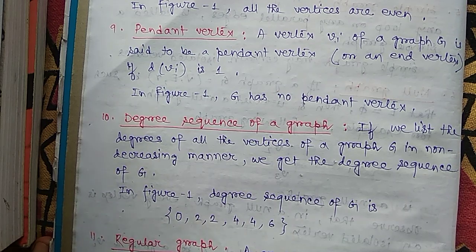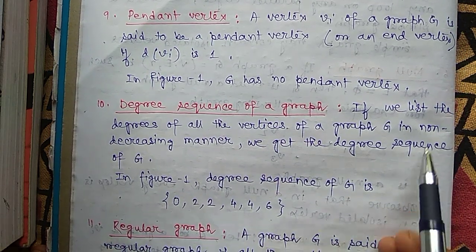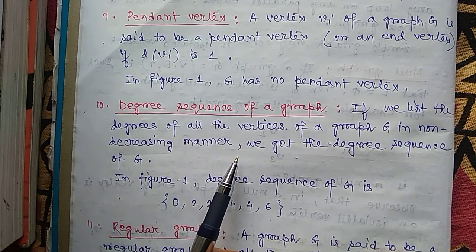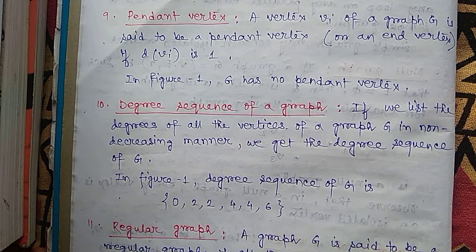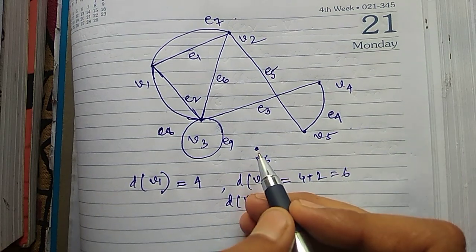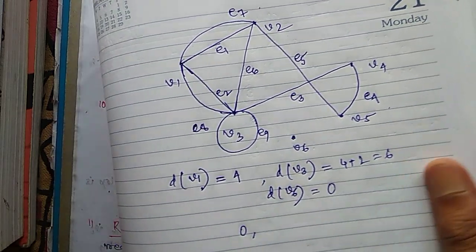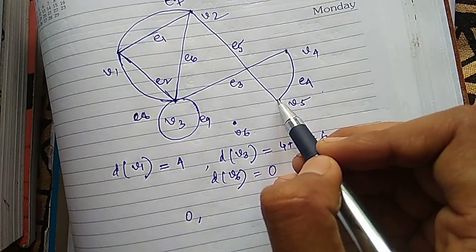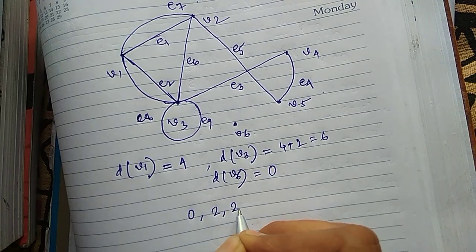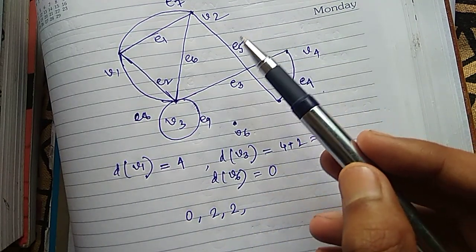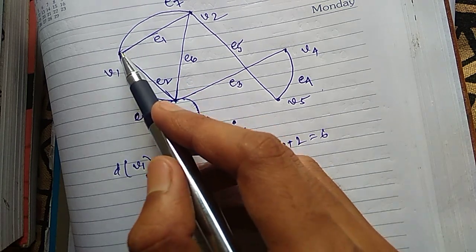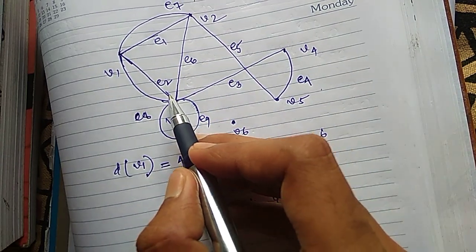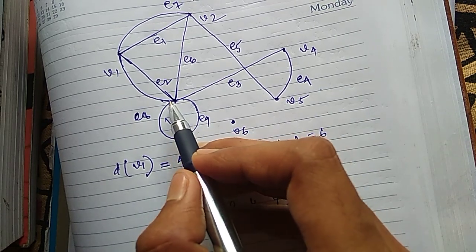Next, degree sequence of a graph. If we list the degrees of all the vertices of a graph G in non-decreasing order, we get the degree sequence of G. In the previous figure, the degree sequence of G is: this is for 0, then 2, 2, 2, 2, then 4, 4, and finally for v3, d of v3 is 1, 2, 3, 4 and 6.